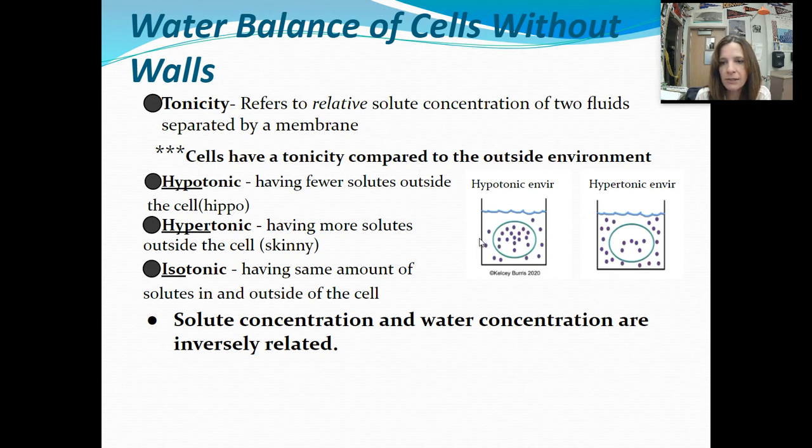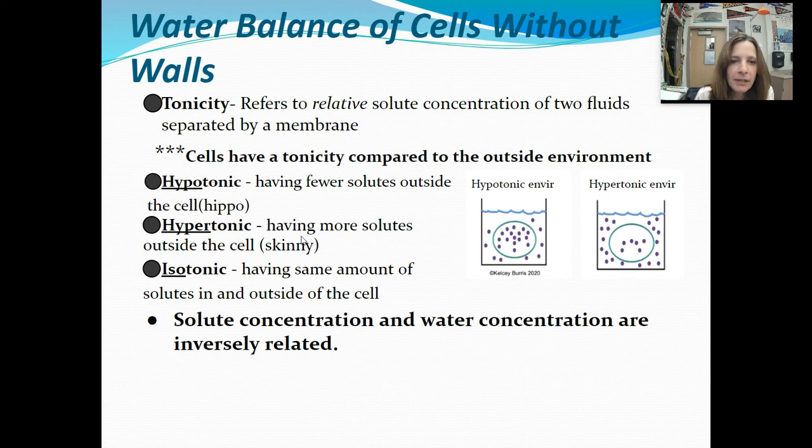There are fewer solutes outside of the cell, which means there's more water outside of the cell. And that means if there's more water outside the cell than inside, then the water net flow is going to go into the cell. I always remember hypotonic as hippo. So cells get bigger in a hypotonic solution.